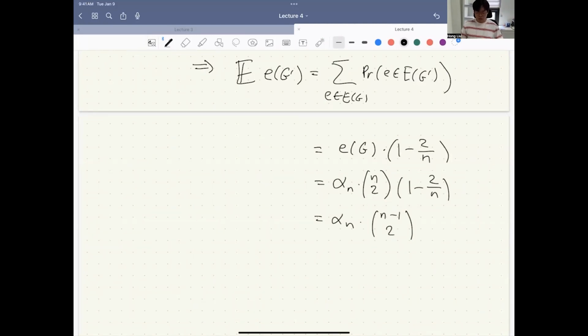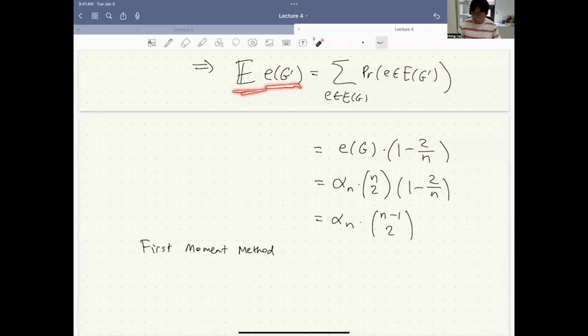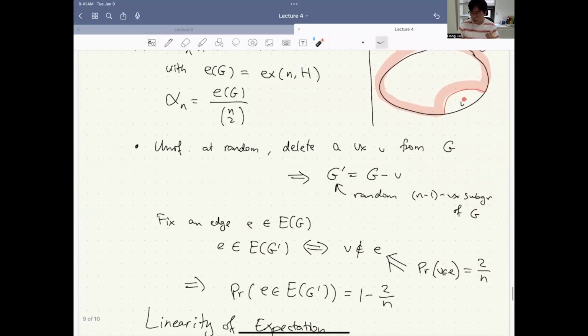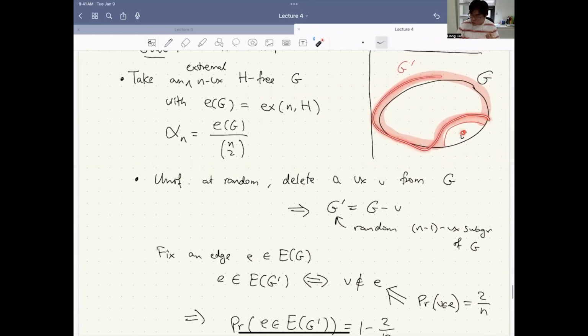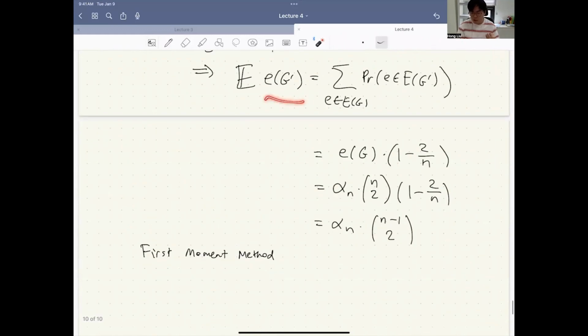What does it mean? Remember the first moment method says: if you have a random variable whose expectation is something, then there must exist an outcome of this random variable, there must exist a choice of V so that the induced G prime has number of edges at least this much, or at most this much.